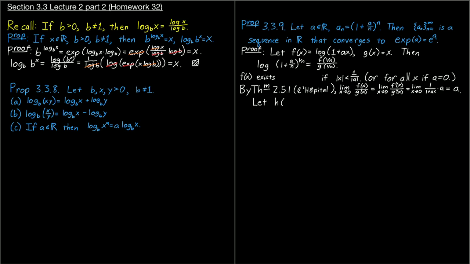We're going to use continuous functions, and then we can use the definition of limit in terms of continuous functions. h of x is going to be f of x over g of x if x is not equal to 0 and also f of x is defined, so the absolute value of x times a is less than 1.